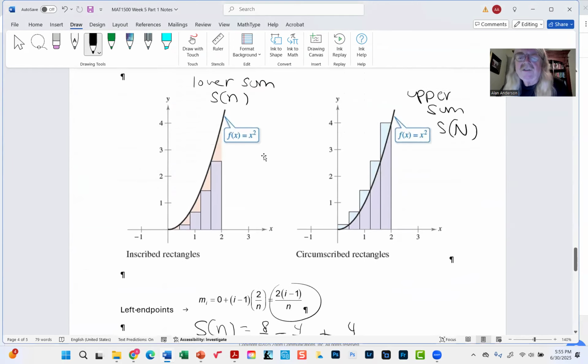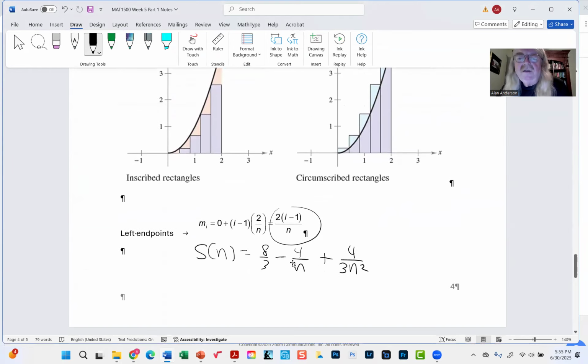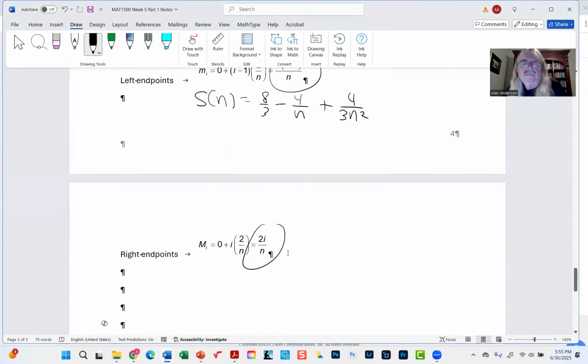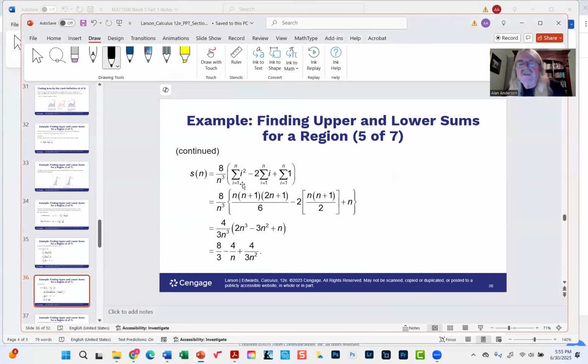Okay. So for x squared, you notice we don't need to square any x's. The whole thing depends just on n. Because that's what's going to change as we take the limit as n goes to infinity, this is what we're going to need to solve for the area. Now for a different function, they'll have to go through all these same steps and figure out a formula at the end here.